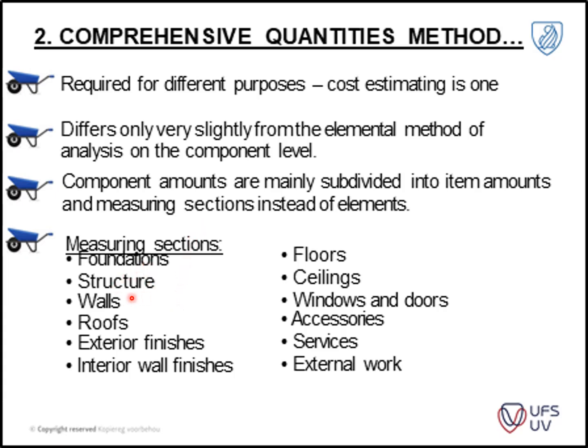So the measurement sections are usually your foundations, structure, walls, roofs, exterior finishes, interior wall finishes, your floors, ceilings, windows, accessories, services, and external works. So you can see it's starting to look a lot more like the trades that you compile your BOQ from.